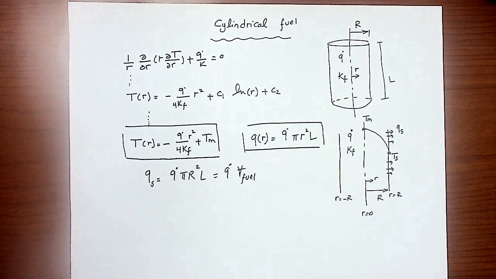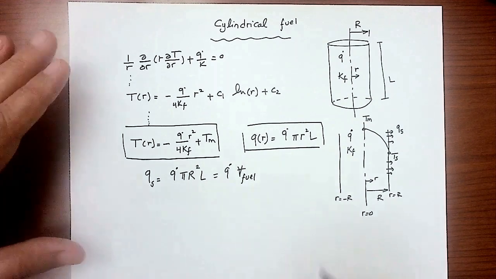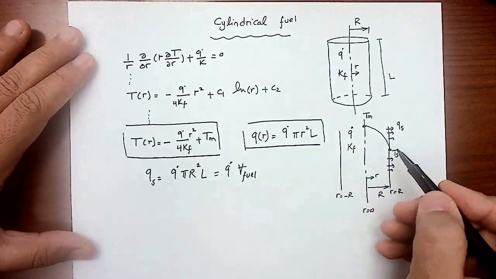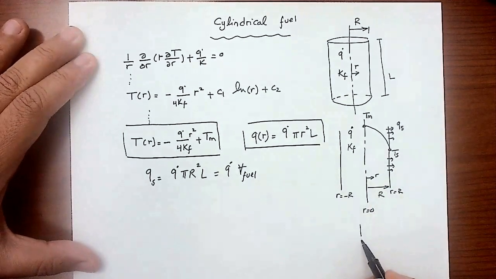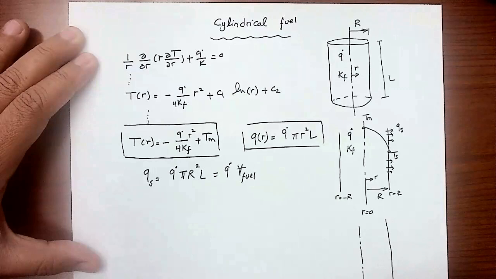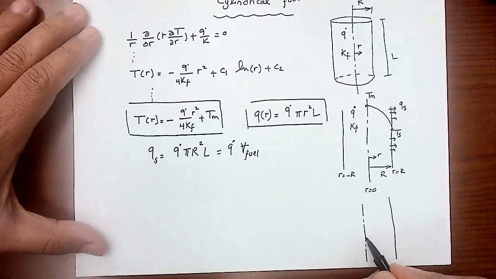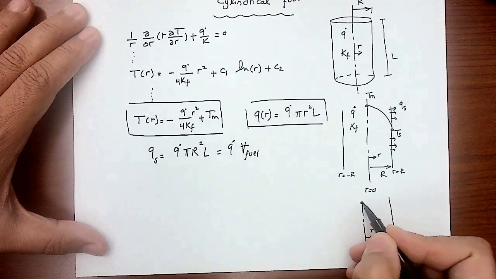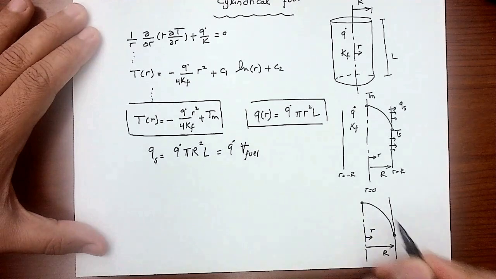Then we can derive an equivalent resistance for what we need. So now I can draw half of it. Again, I'm just going quickly here. You are not obligated to look into it. So that's the fuel. This is R. This is R capital. The temperature distribution is second order. This is T max. This is T s.